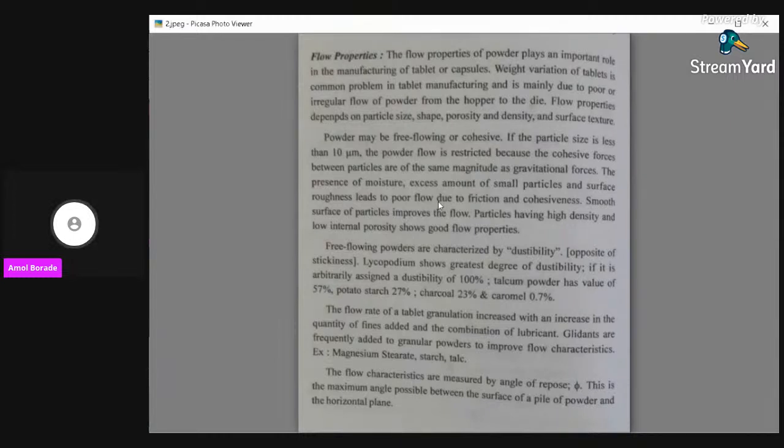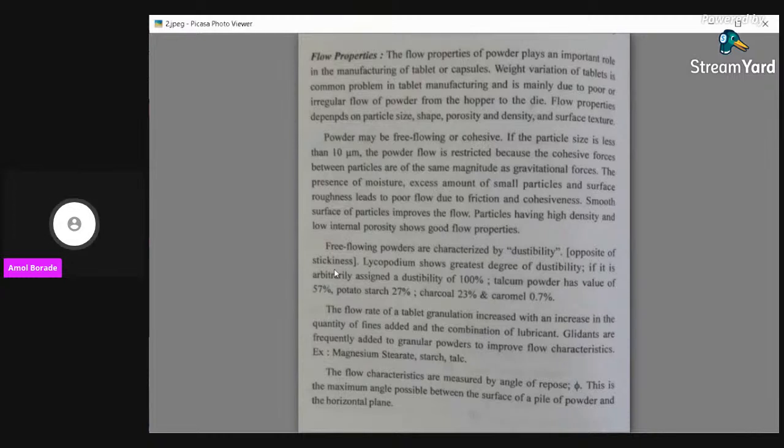If the surface is rough, then friction will occur and cohesivity will increase. Smooth surface particles improve flow, obviously. Now one example they have given is dustability, which is the opposite of stickiness.